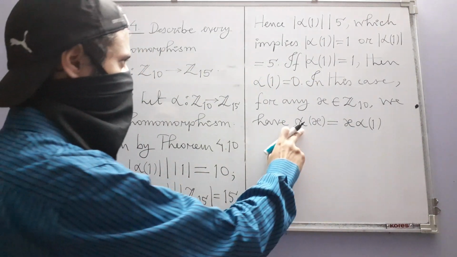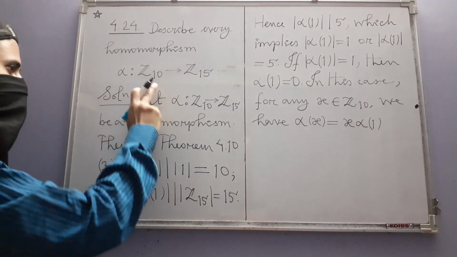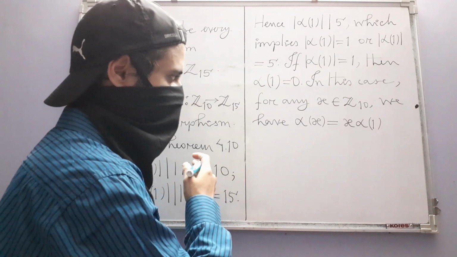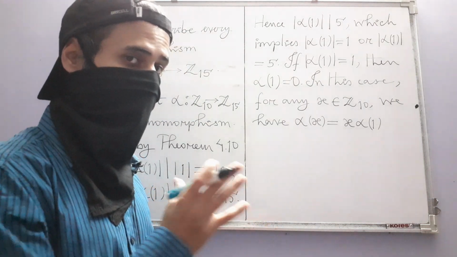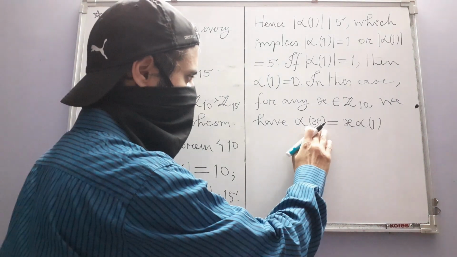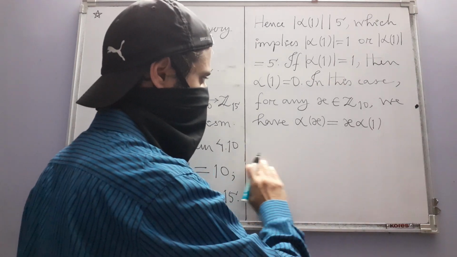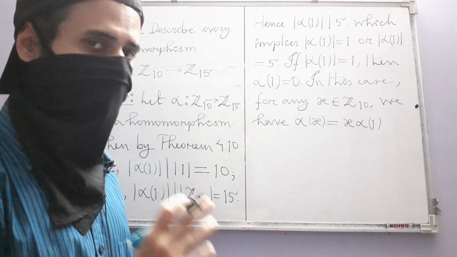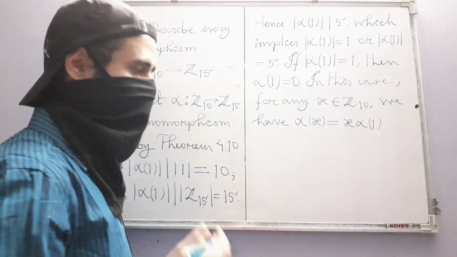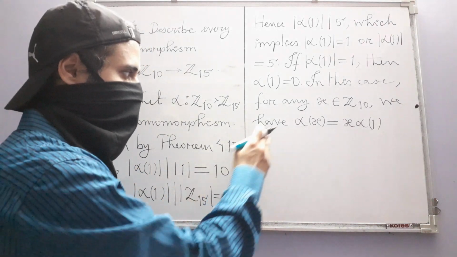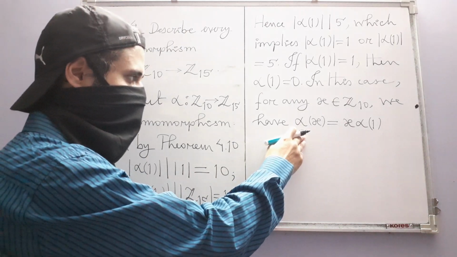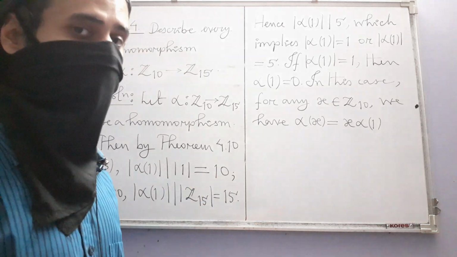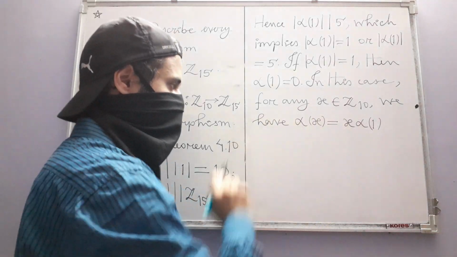That's because in our group Z10, x is 1 plus 1 plus 1 and so on x number of times. That is, here we are actually looking at a sum where all the summands are 1 and there are x of them. So because alpha is a homomorphism, that would be equal to the sum of that many alpha of 1s. So that's why x times alpha of 1.